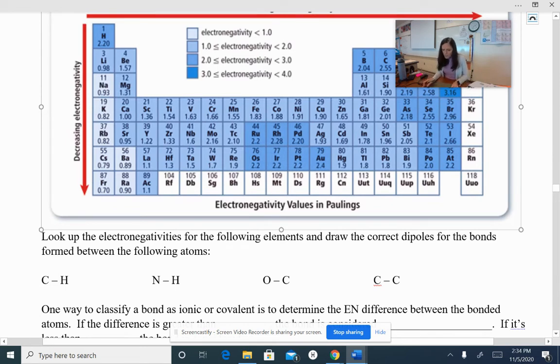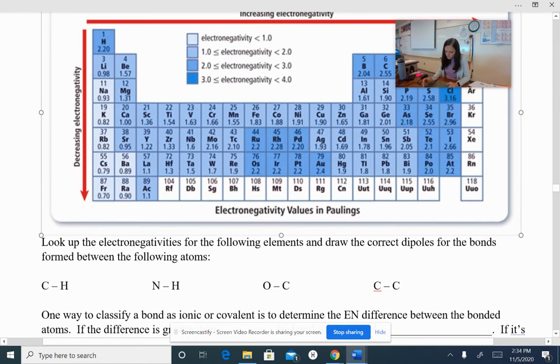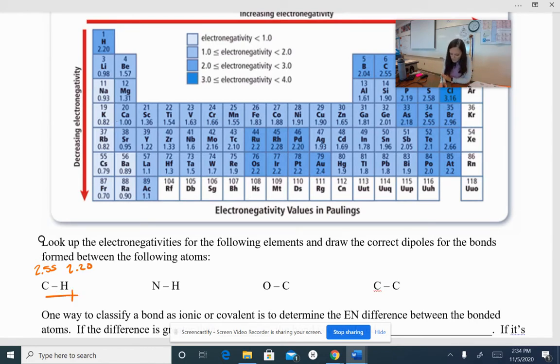Carbon's 2.55. Hydrogen is 2.20. So which of these two is larger? Carbon is. So that means we're going to draw the arrow towards carbon. Okay? I want you to pause the video really quick and do the rest of these, and we'll check in a minute.